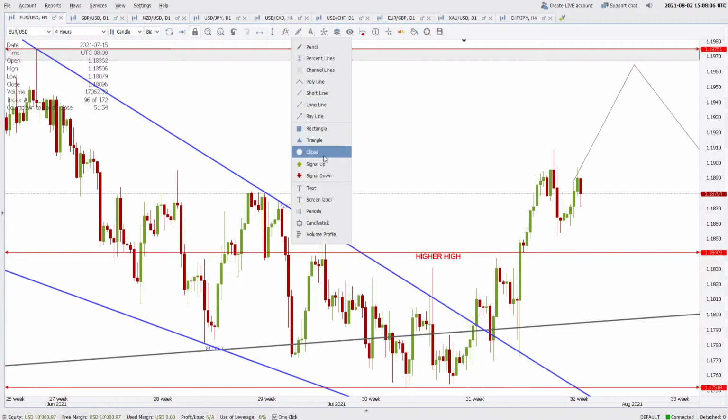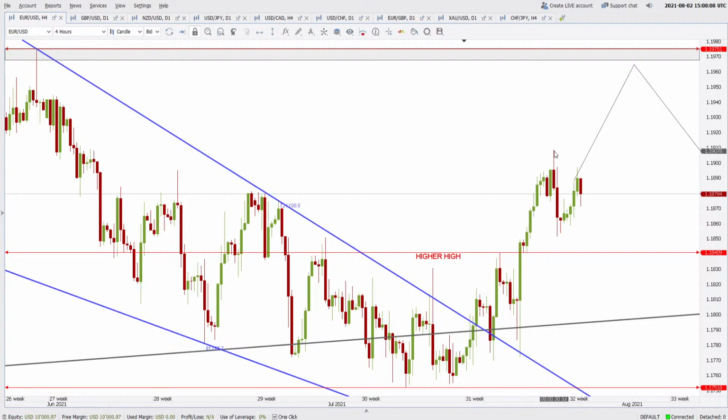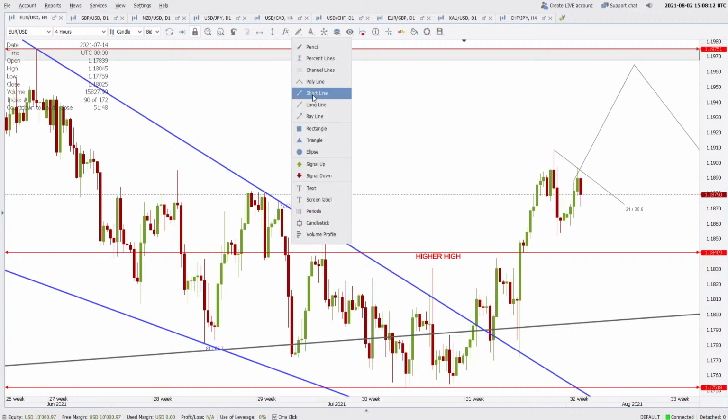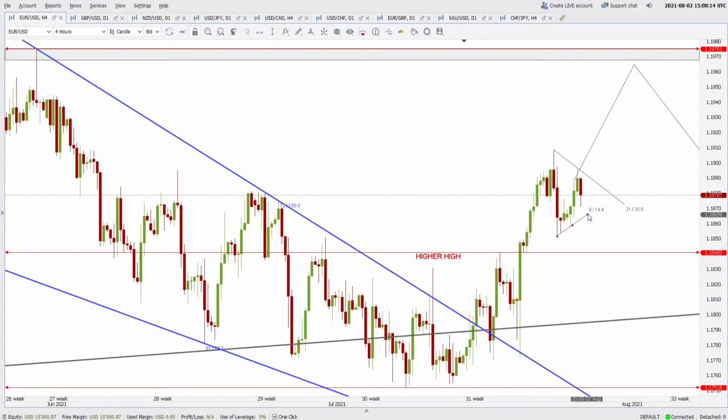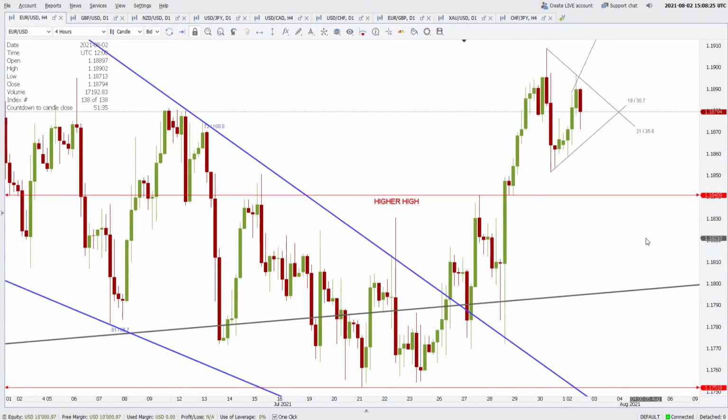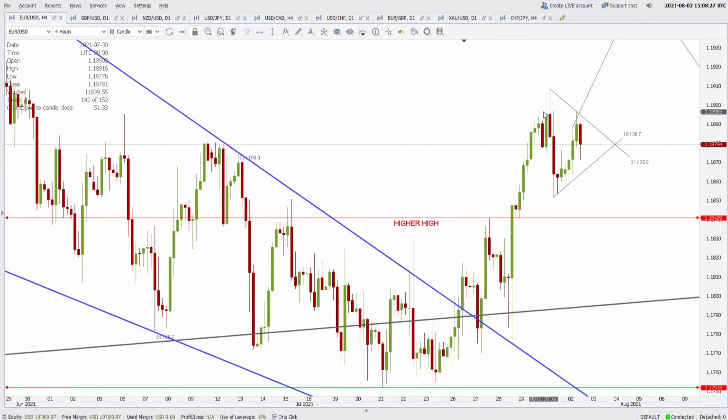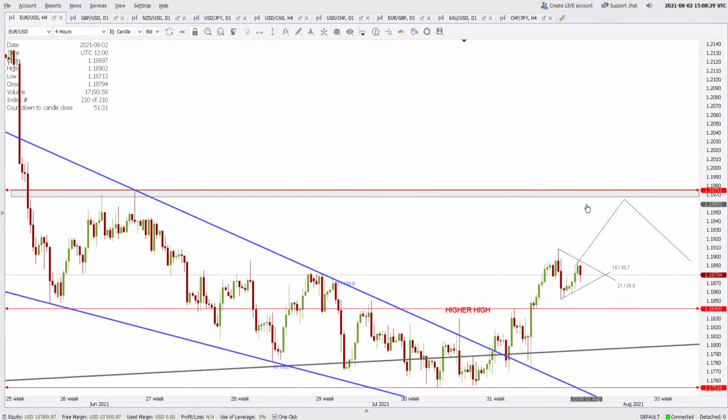So in that case, you may witness something of this sort, something like this forming here. There is a possibility that something like this will form and eventually the price will break to the upside. Now why I'm saying that the price will break to the upside, because this looks like a flag pattern, or you can say a pennant.